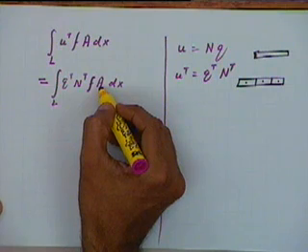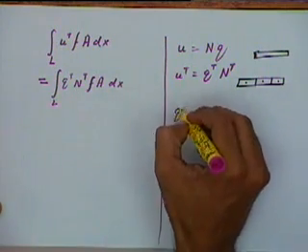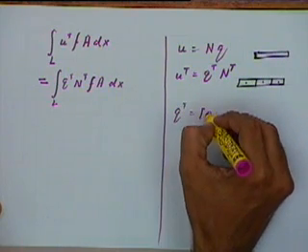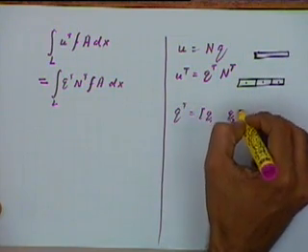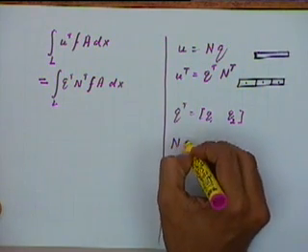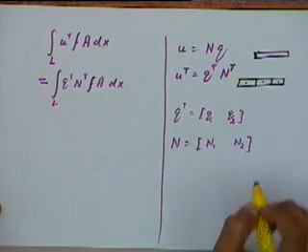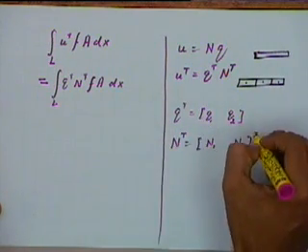also constant. Q transpose into N transpose. Q transpose will be equal to Q1 Q2. N is equal to the matrix N1 N2. So N transpose is this.